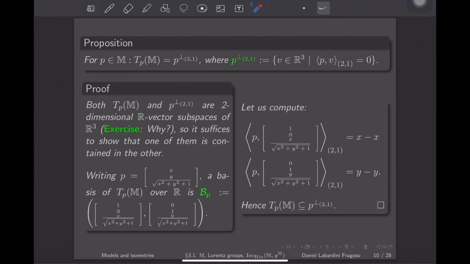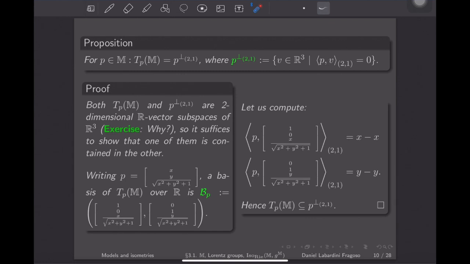It's a manifold where for each point you have an inner product on the tangent space, and you require something else, which is that when you move the point in your manifold, the inner product on the tangent space moves smoothly.